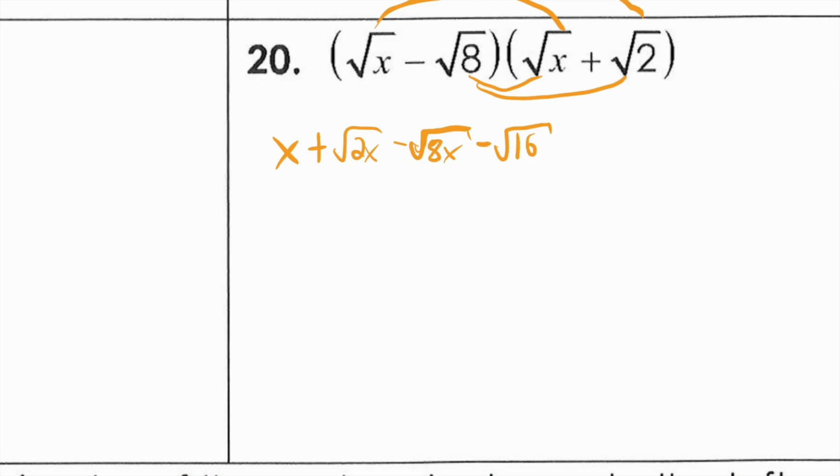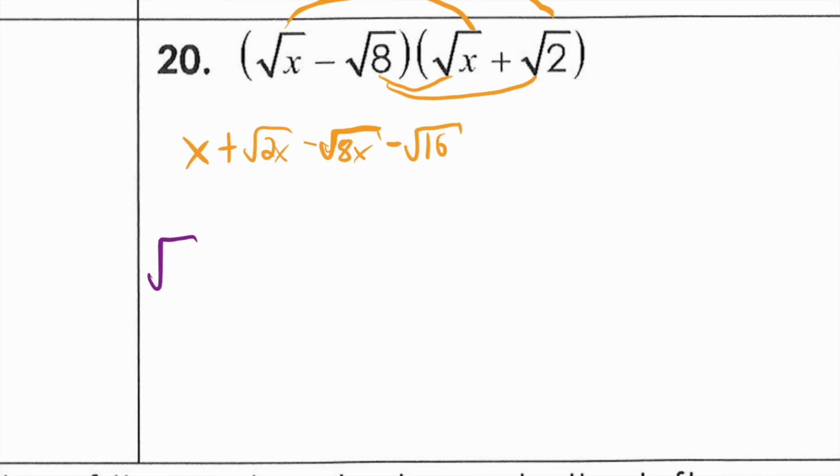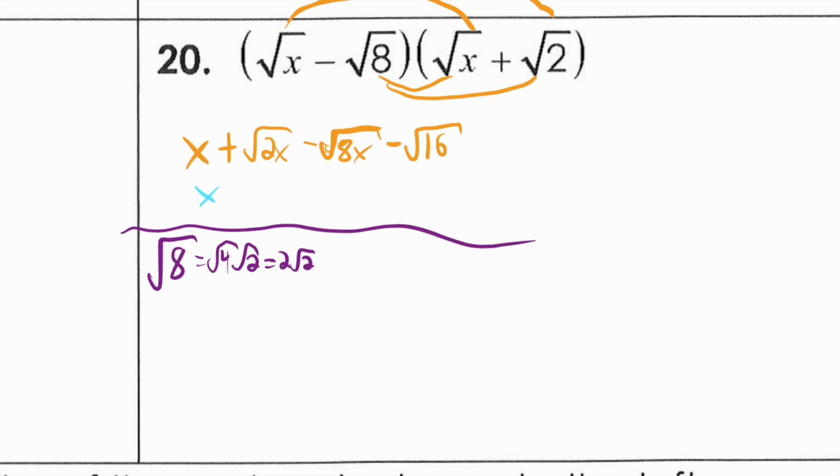So as I seek to simplify the square root of 8x, which I'll do off to the side, square root of 8, which square root of x can't simplify, that is the square root of 4, square root of 2, which is 2 square root of 2. So far that is x plus square root 2x plus 2 times square root 2x, because remember the x is still there.